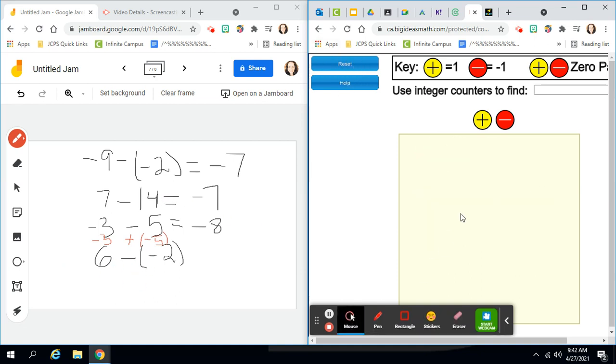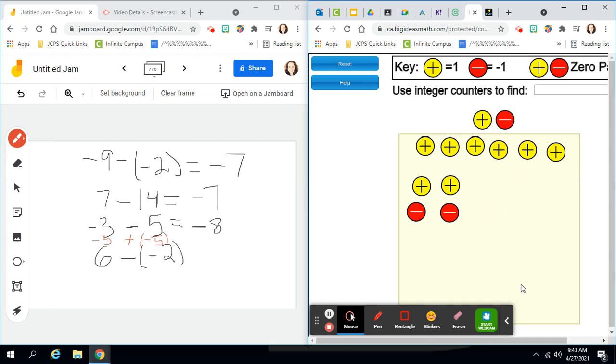The next one says we're going to start with 6 positives, and we have to take away 2 negatives. Again, here's the problem. We don't have 2 negatives to take away. So again, we're going to add these 0 pairs. If I add on 2 0 pairs, I now can take away 2 negatives, right?